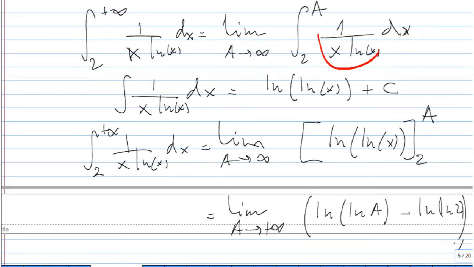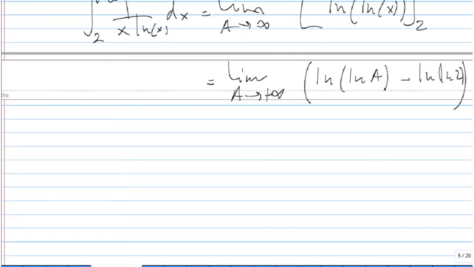Again, a goes to infinity, so this will give ln of plus infinity, which is infinity, minus a number, so this is equal to plus infinity.